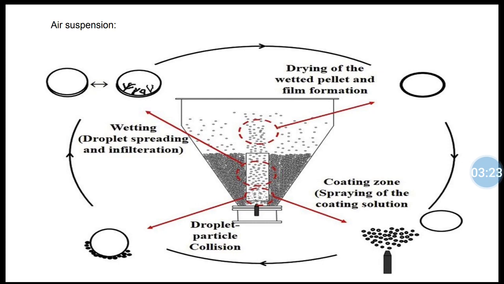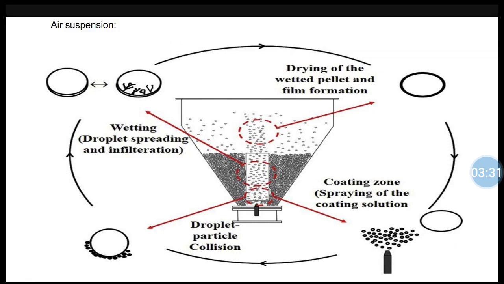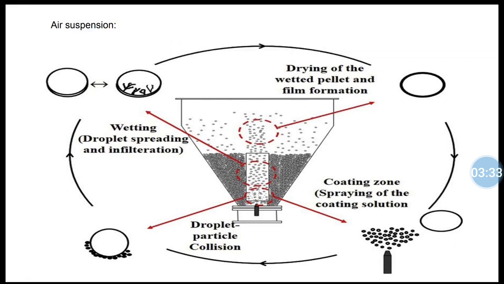By fluidization, the coating material gets deposited onto the core, and such coated core is again flown down to the base of the fluidized bed processor. Again these are suspended and coated. So, many cycles are required to cause complete coating.